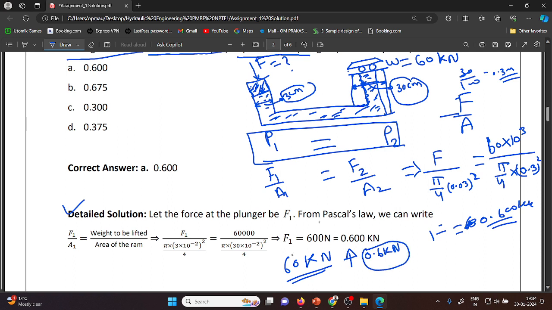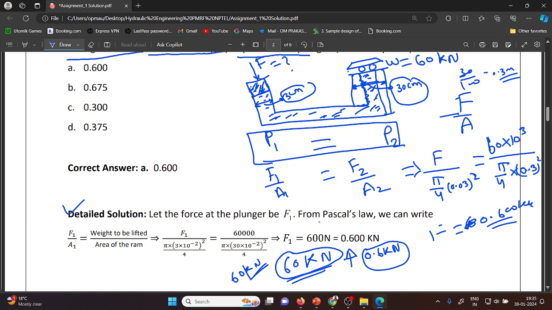If you don't have the fluid mechanics concept, what people will do, people try to lift this by hand. But for lifting 60 kilonewton, if you are applying your hand, you need 60 kilonewton or more for lifting that.